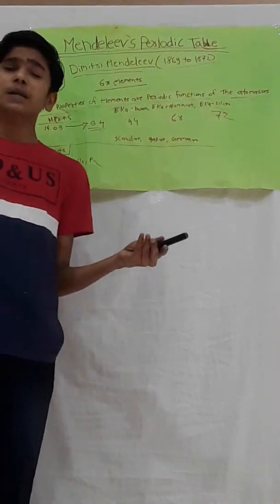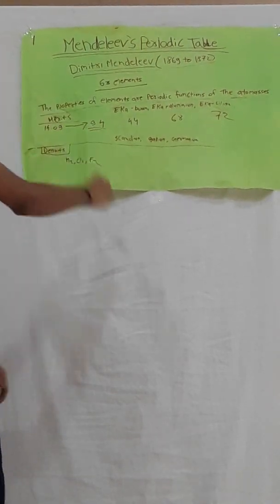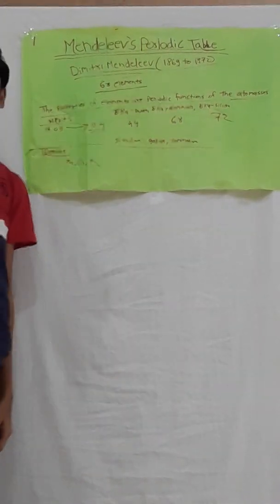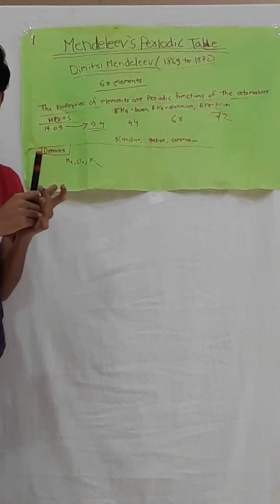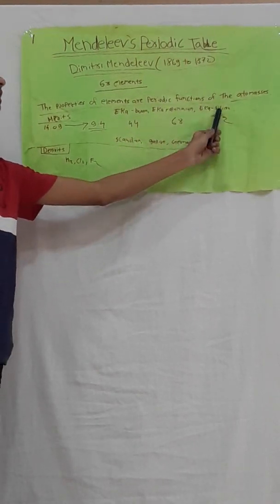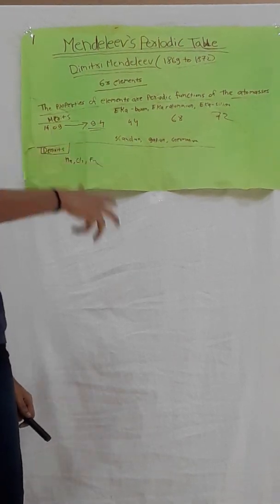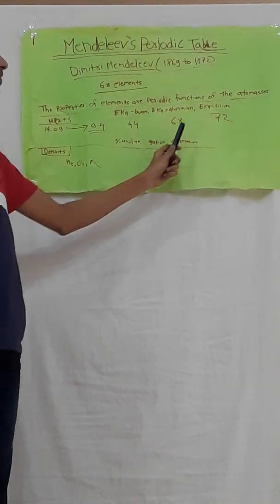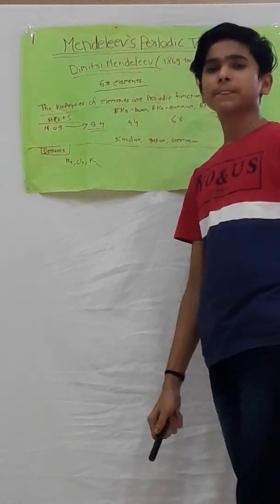Mendeleev kept vacant places in the periodic table for undiscovered elements. He gave names to the undiscovered elements as Eka boron, Eka aluminium, and Eka silicon from their known neighbors, and indicated the atomic masses as 44, 68, and 72 respectively. He also predicted the properties of these unknown elements.